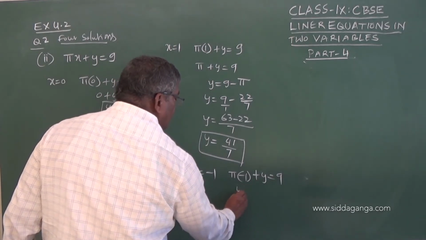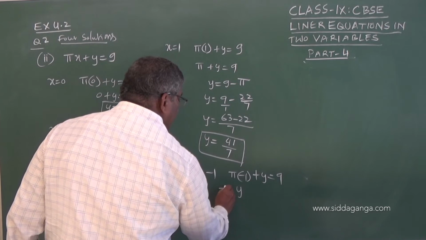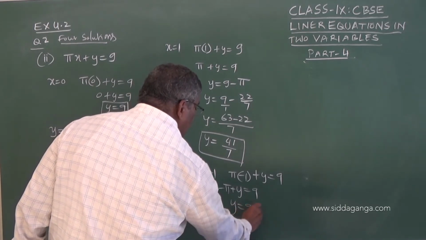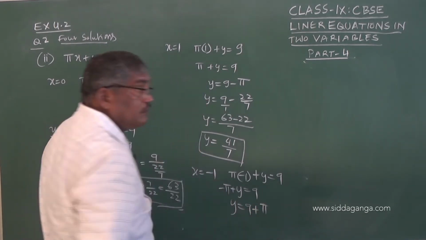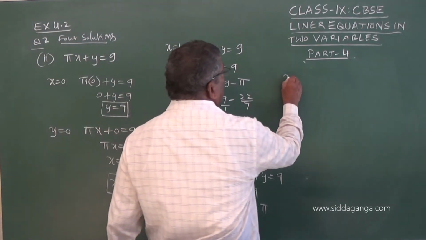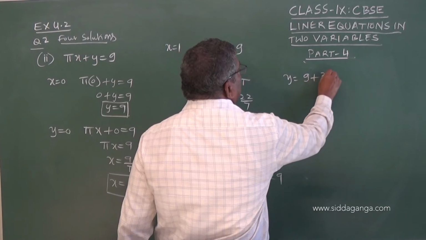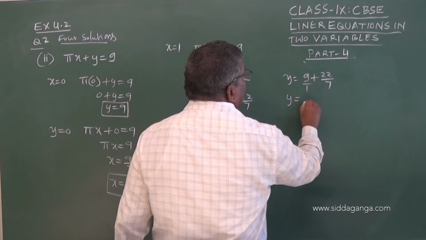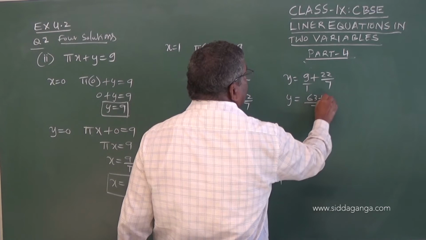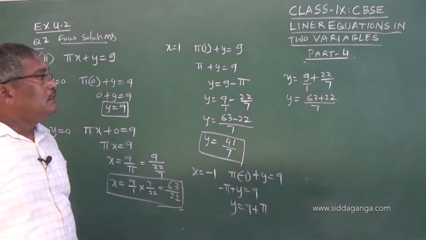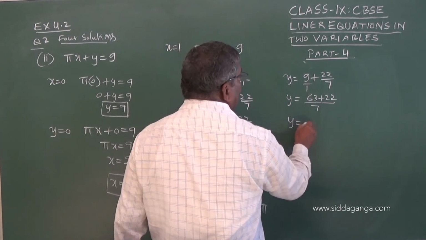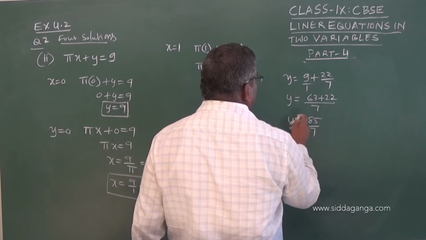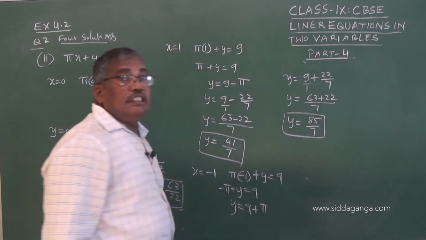So, therefore, minus pi plus y equals 9, y equals 9 plus 22 by 7, take LCM, so 63 plus 22. So y equals 85 by 7.